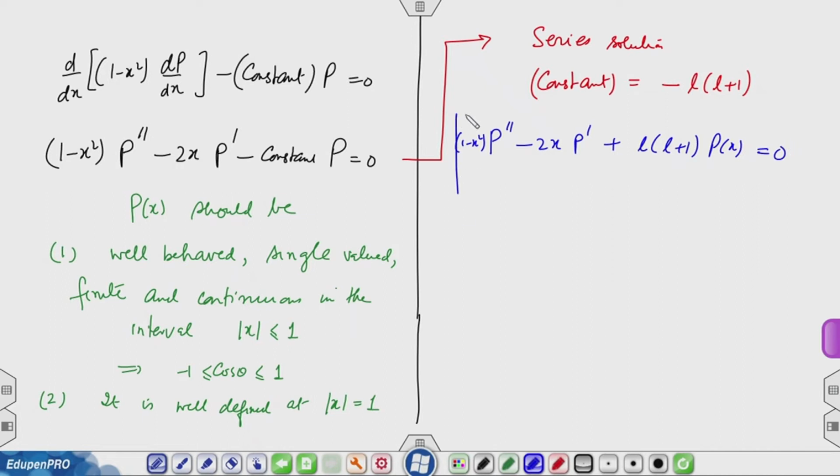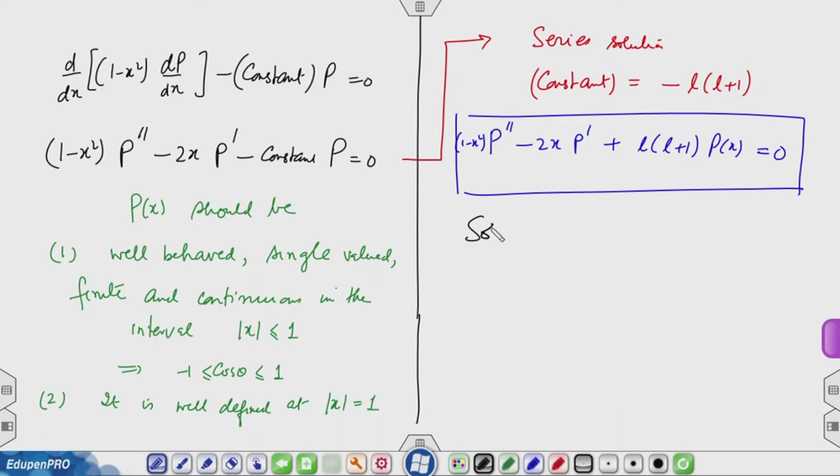This is a well known Legendre polynomial equation, and the solutions are P_L of x. That part I need not go over.